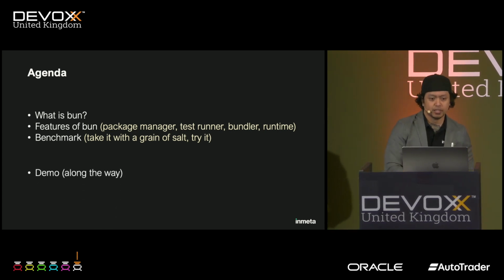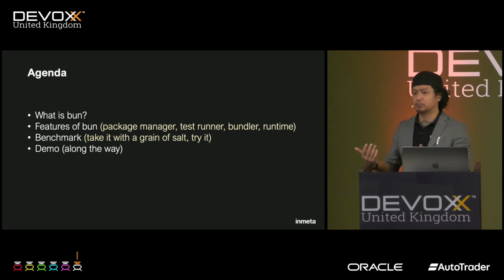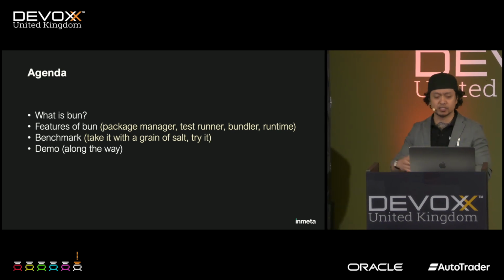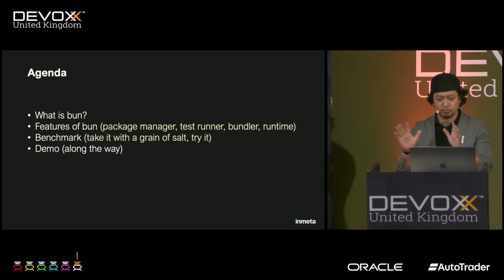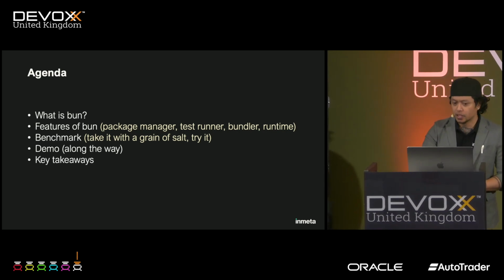Then the demo. The demo will be about every 5 slides. It's not just one demo and then done. I'm going to go back and forth between slides, demos and key takeaways.